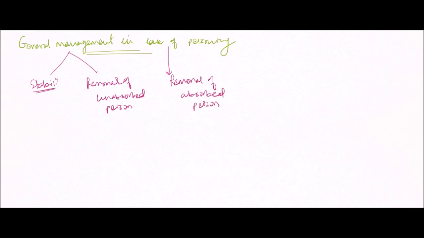Then step number 4, that is the use of specific antidotes. And the final step is the step of symptomatic treatment.